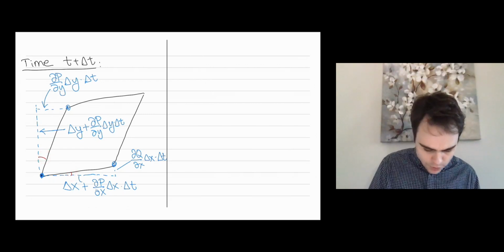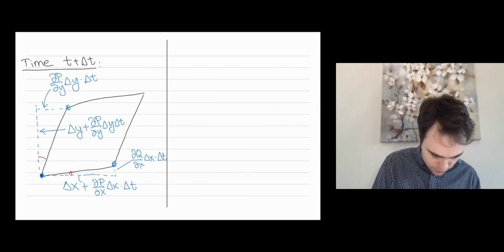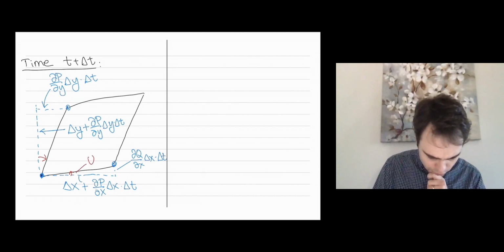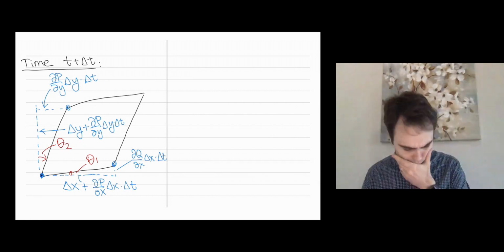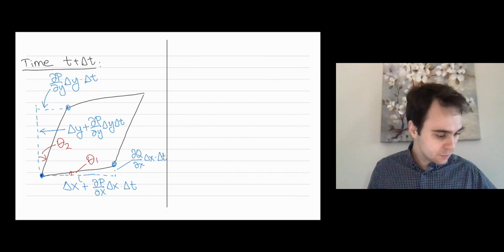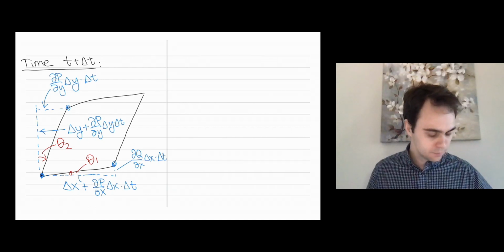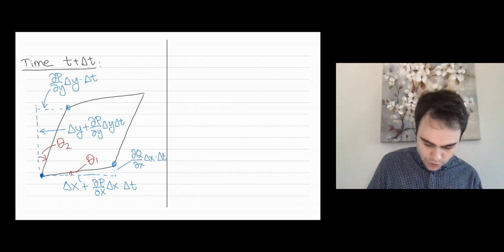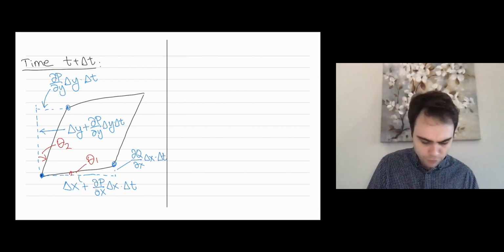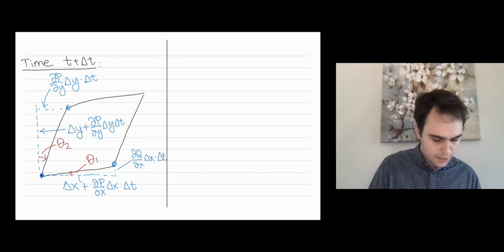So what I'm going to do is measure both angles, with opposite conventions. I'll call this one theta 1 and this one theta 2. And I will say that the rotation for this whole object is the average of these two angles.